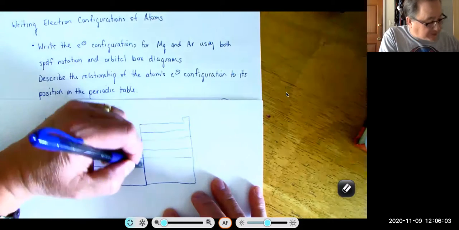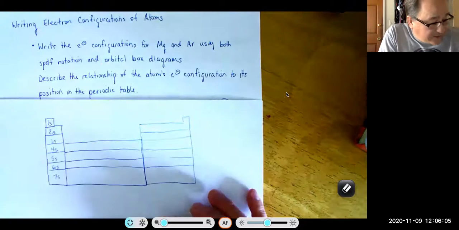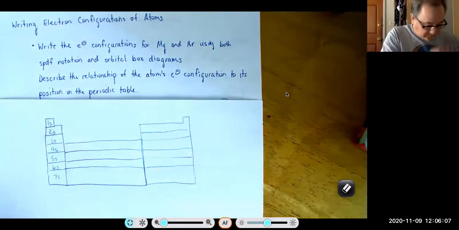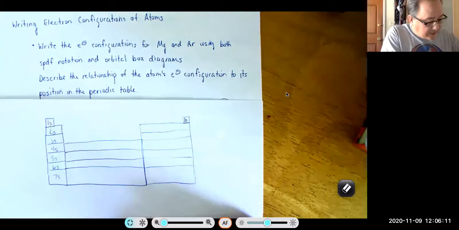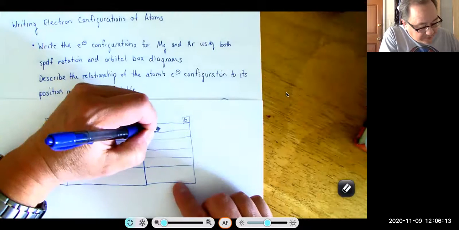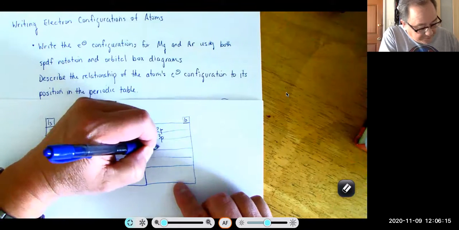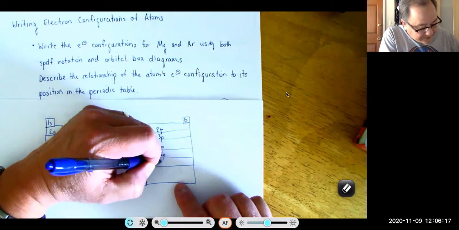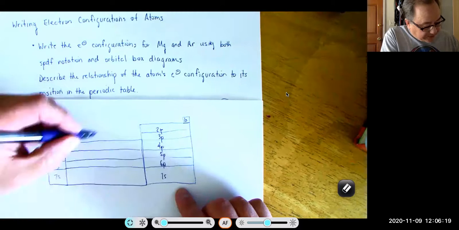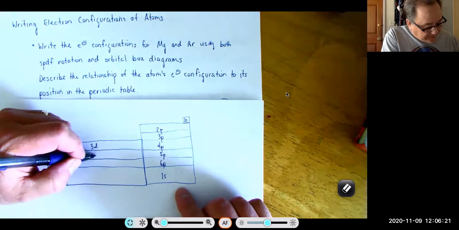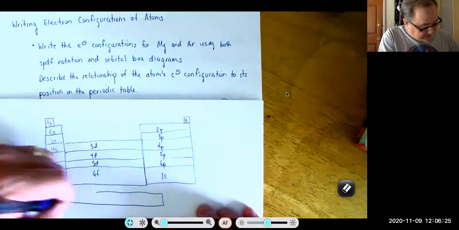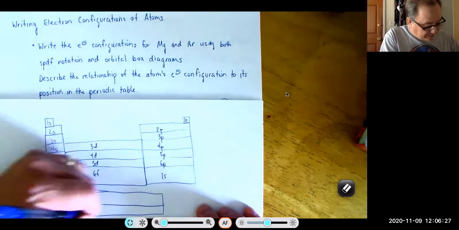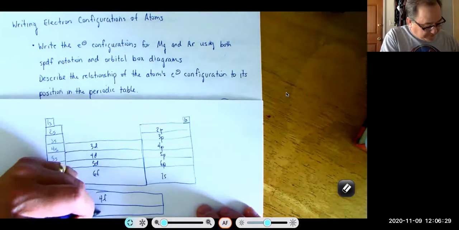And I can tell my pen's running out of ink. So this is actually part of the 1s. And this is a 2p, 3p, 4p, 5p, 6p, 7p. This is a 3d, 4d, 5d, 6d. And this down here is a 4f and a 5f.